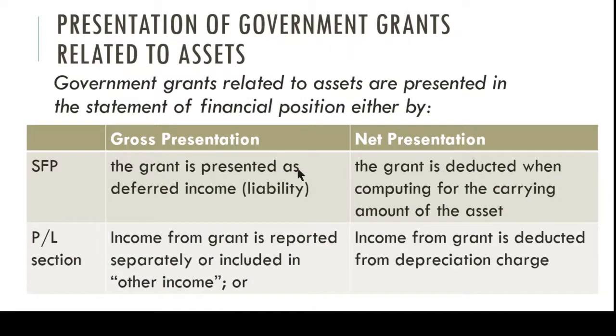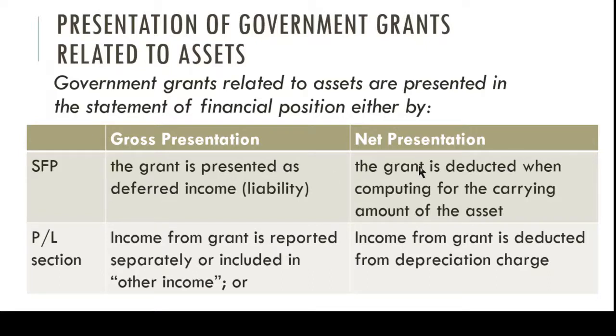And then, how do we present the government grants related to assets? In the financial position that is recognized, this is not only in the statement of financial position, but also the profit or loss section in the SCI. So, not only the SFP. If it is gross presentation, the grant is presented as a deferred income, which is a liability.